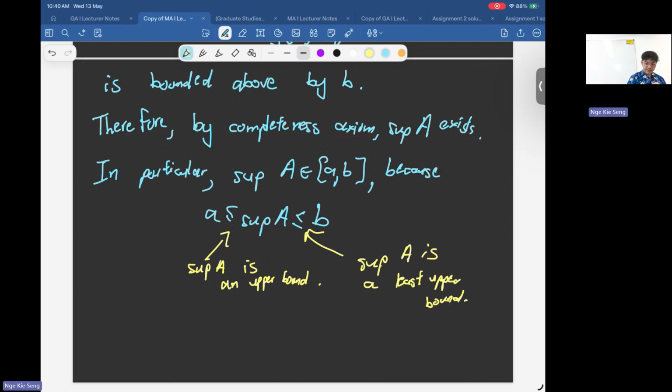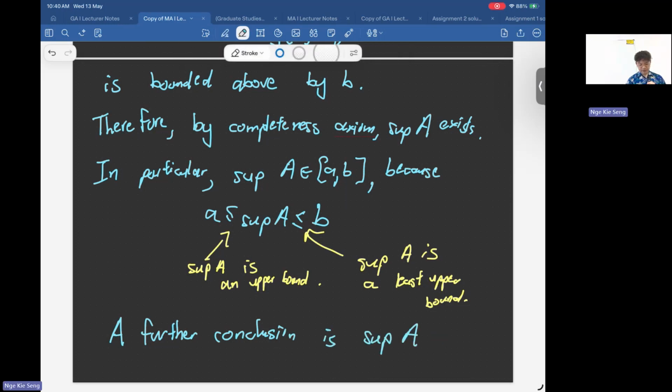Okay, so maybe we can make a further conclusion. A further conclusion is that sup A is attainable in the closed interval [a, b], meaning it is some number between a and b.